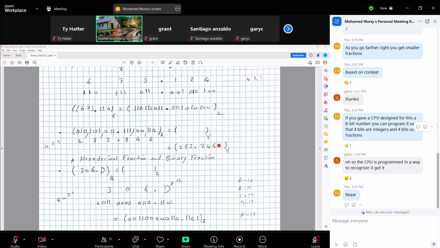Again, look at the number after the point: 110, 101, 010. So again, divide it into groups, each group 3 bits. The last time your friend mentioned why 3 bits, not 4. He mentioned because 8 equals 2 to the power 3, so we use 3 bits.